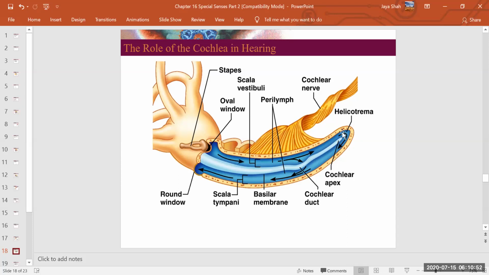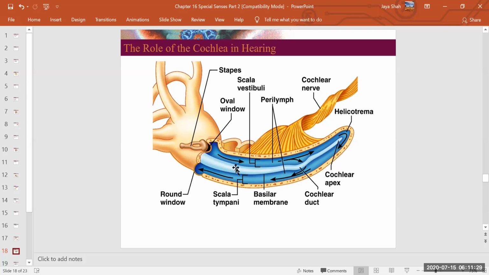And then when it comes to the helicotrema, the end of the cochlea, the cavity in the bony labyrinth is called scala tympani. Both scala vestibuli and scala tympani are cavities in the bony labyrinth. So both of them contain the same fluid, and that is perilymph.